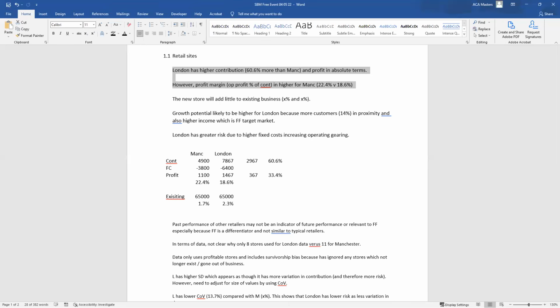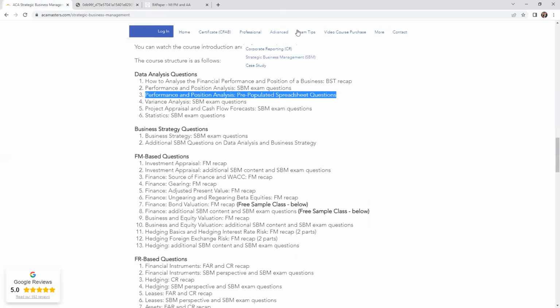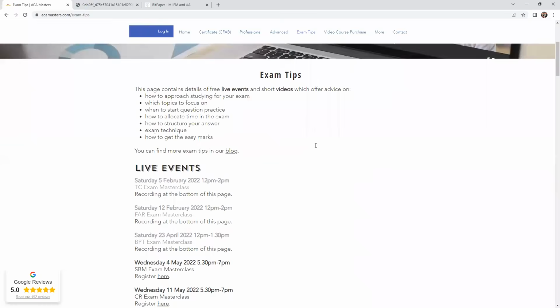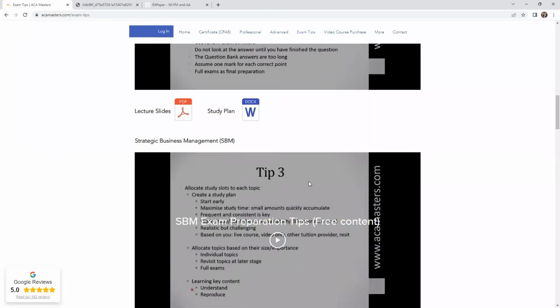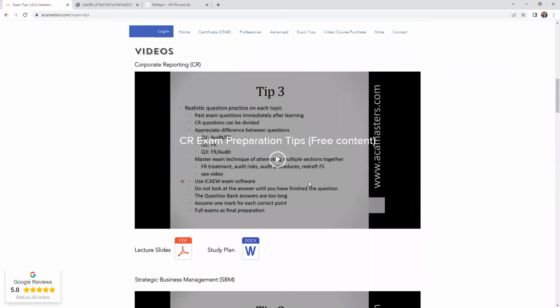So the next question: do you have any advice for people who are studying all three? Yes, absolutely. I think what you need to do is set up a study plan, and we've got some advice on that here on the exam tips page. We've got one here for CR and one here for SBM. You need to identify all the different topics and question types, and build a plan in your calendar of which topics you're going to tackle on each day.